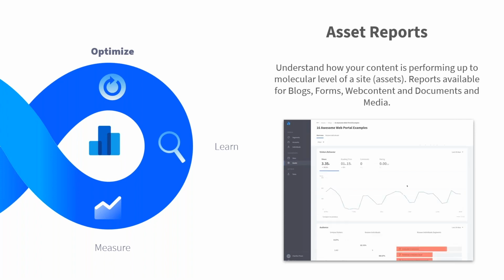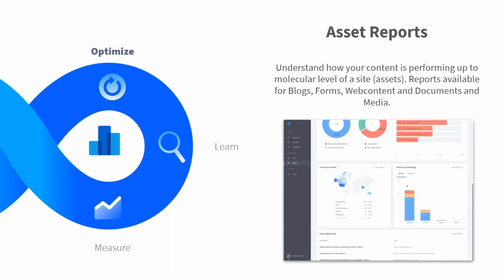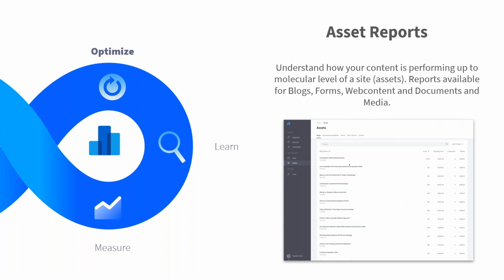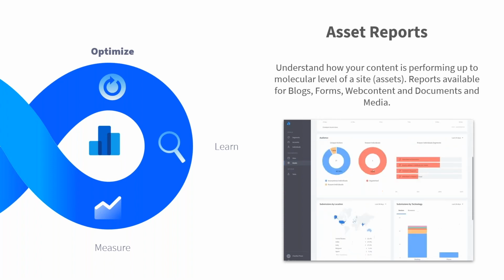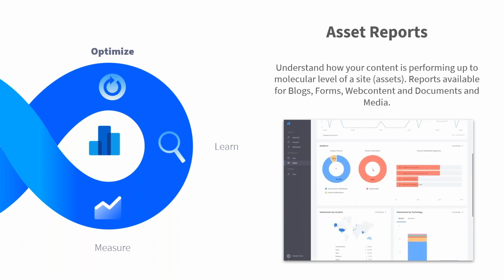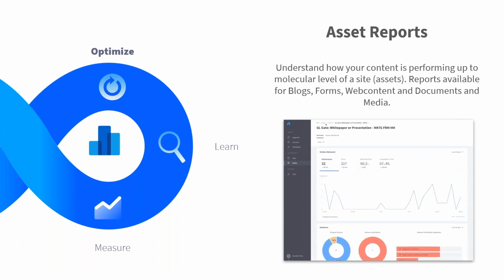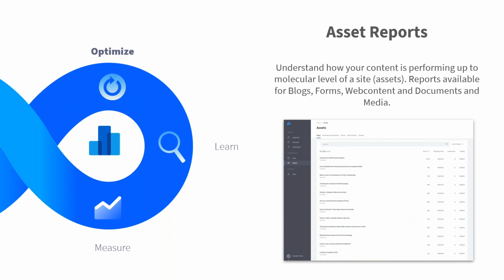So if it's a document, for instance, they'll preview it, they will download it, they may comment on it. If it's a blog, well, they'll read it, and you want to know the amount of time someone has been reading that blog so that you can then use that in your segmentation rules.